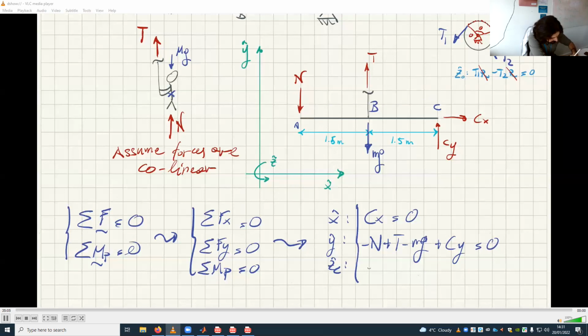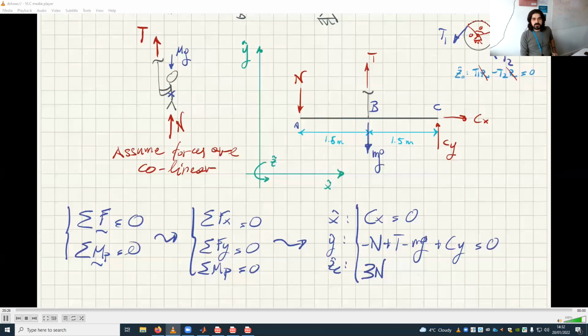Positive or negative? Why positive? It's correct, but why positive? Because N around C rotates counterclockwise, and we said that counterclockwise is the positive direction.